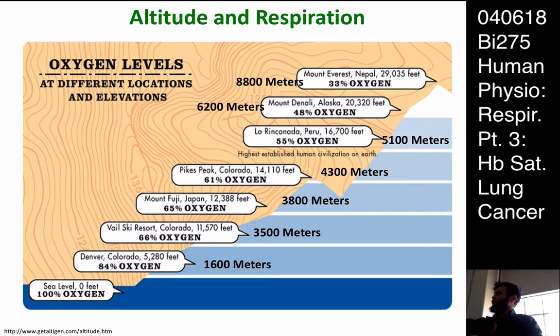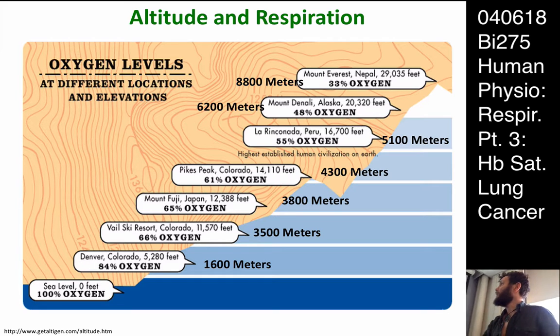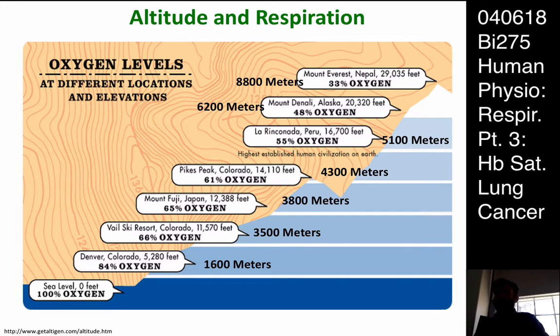So as you move upward in elevation, your oxygen saturation goes down, and you can see here the highest established human civilization on Earth is around 5,000 meters, which is super high up there.